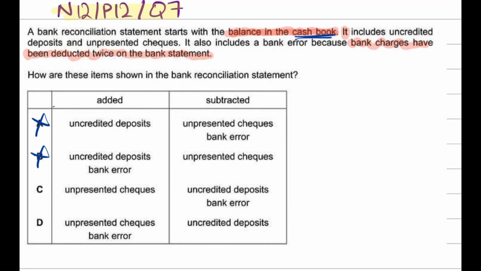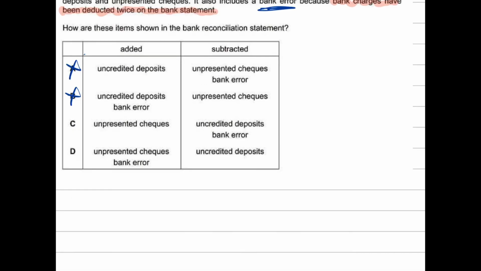Now look at this. It also includes a bank error because bank charges have been deducted twice on the bank statement. So now let's understand this. What are we going to do about this? Let's say that we have a bank charge of maybe $500, which the bank has deducted twice, and that's an error.